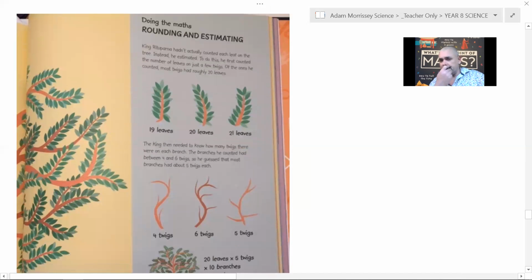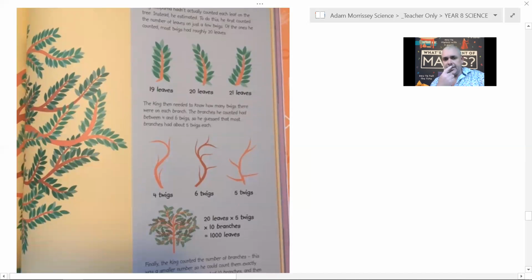And of course, we can set up a couple of models here. We can do it the King's way, where we count the number of leaves and the number of twigs and the number of branches on the tree to arrive at a reasonable estimate.